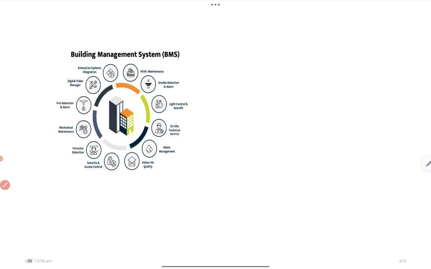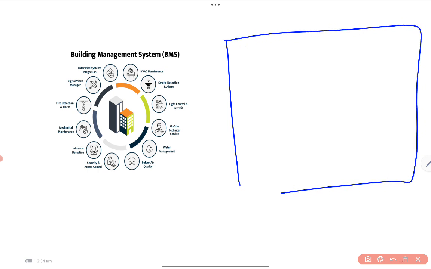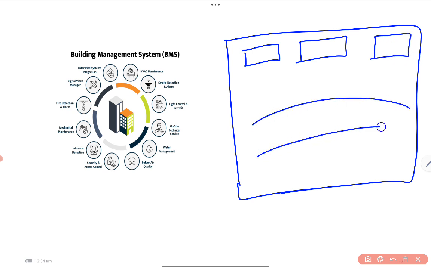Now we will look at the BMS system. For a data center, the main monitoring happens only through the BMS system. BMS means building management system. In the building management system there is one room, which I showed in my previous slide. There are some screens and one table.